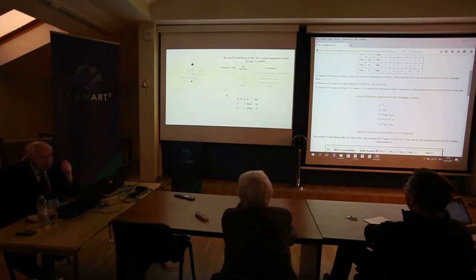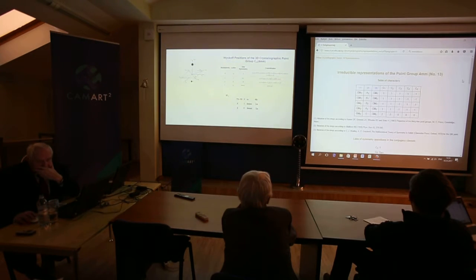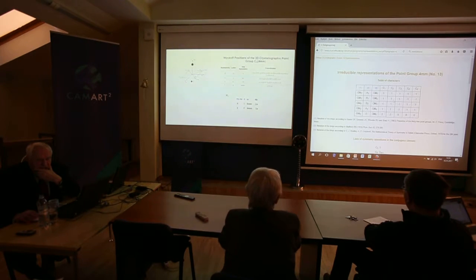And the table of irreducible representations of the group gives you irreducible representations of possible matrices. In this case, the dimension of a representation is defined by the identity element.